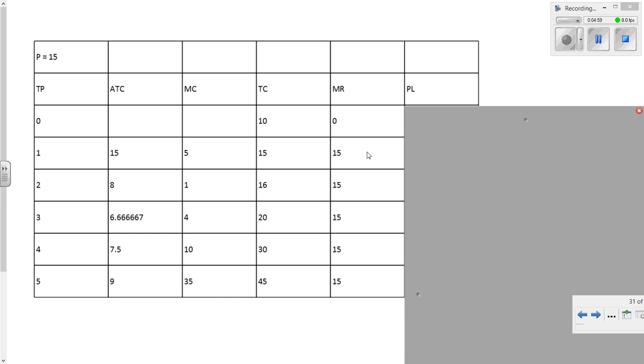So to calculate, I would take the marginal revenue of 15, subtract the marginal cost of 5, and then add in whatever profit or loss was made at the previous level. So since we were looking at 1, I would add in the profit or loss that was occurring at the point of production where they're not producing anything.